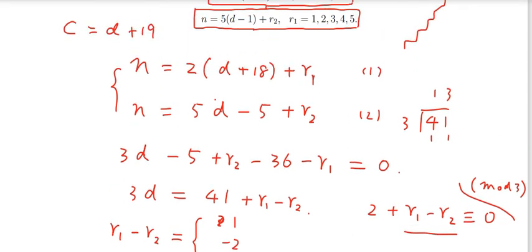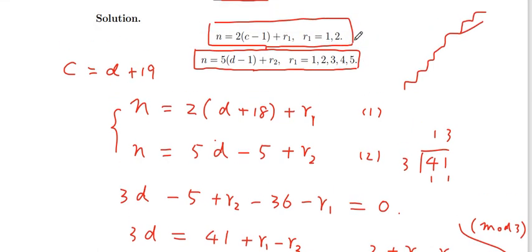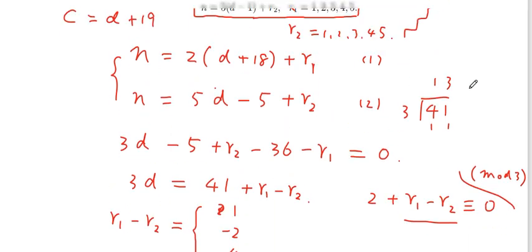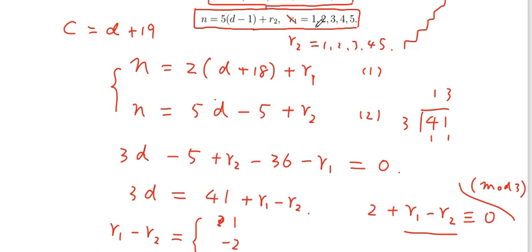R1, R2. So R1 can be from 1 to 5. R2 can be from 1 to 5. Okay, so these numbers, R1 minus R2, could it be 0?